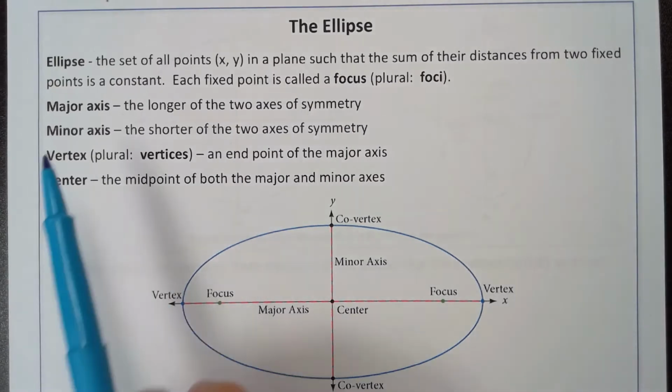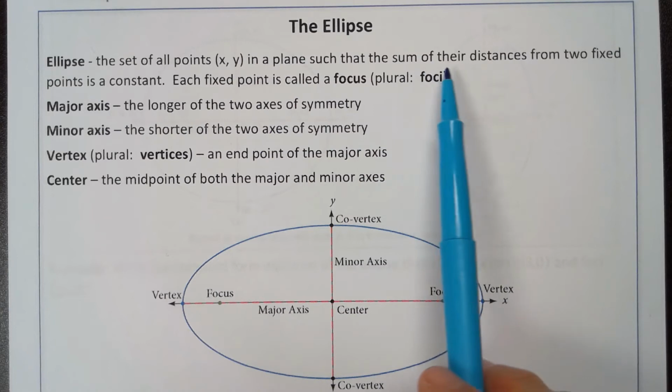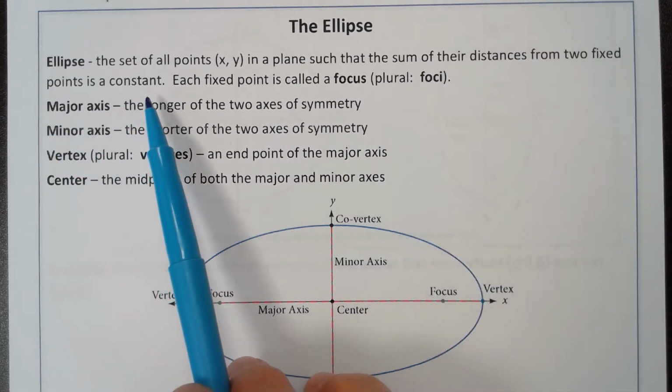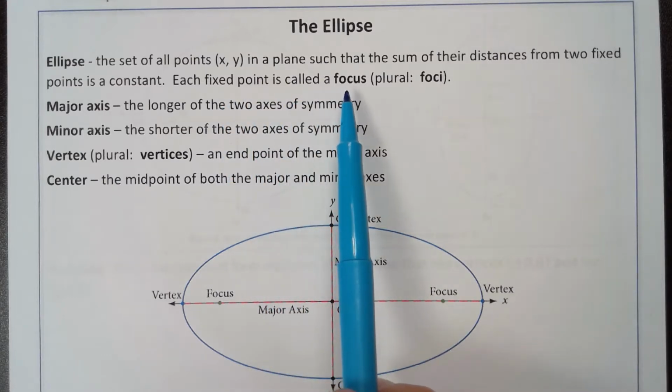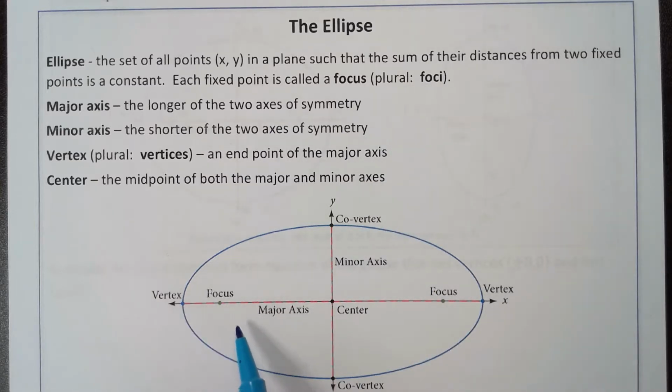First of all, an ellipse is the set of all points in a plane such that the sum of their distances from two fixed points is a constant, and each fixed point is called a focus, or when you call them together, they are the foci. So in this picture, we have this focus, which goes from the center to that point.